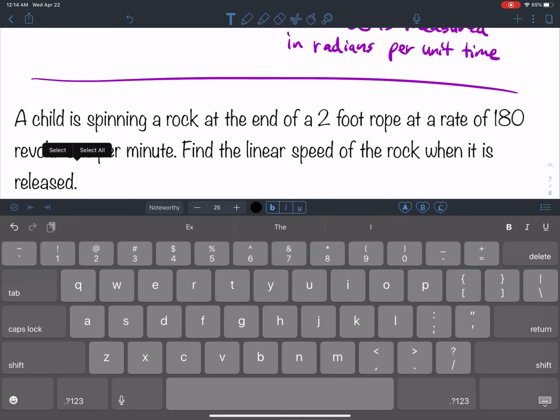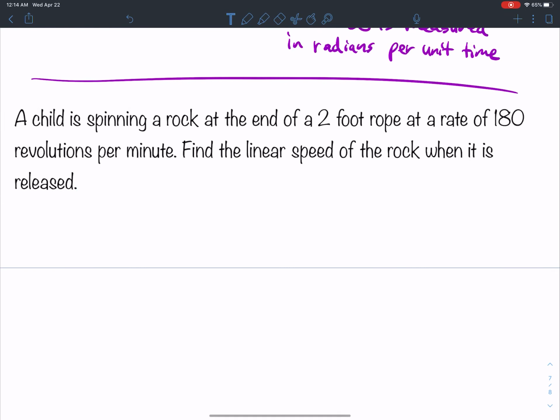A child is spinning a rock at the end of a 2-foot rope at a rate of 180 revolutions per minute. So that's RPM. And now I want to find the linear speed of the rock.